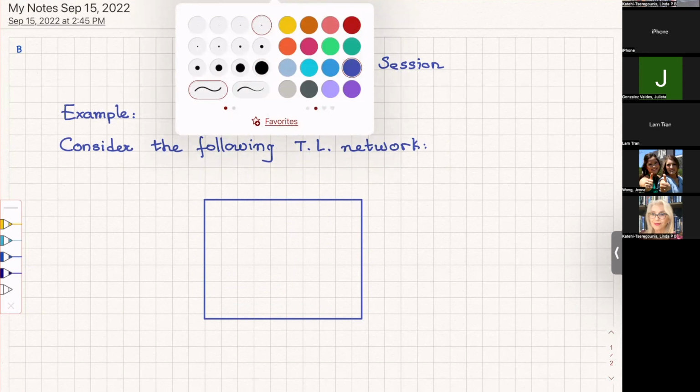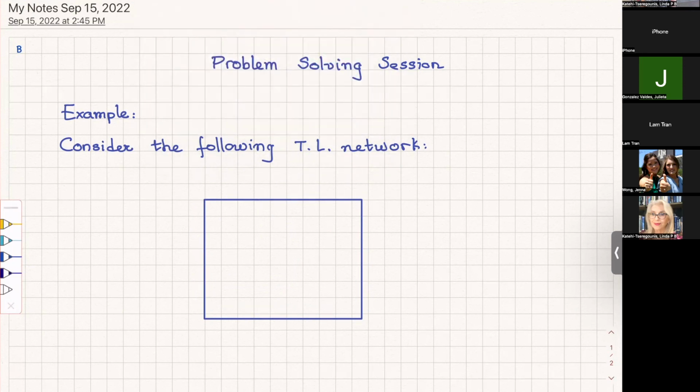This one, this one. So one transmission line is here.